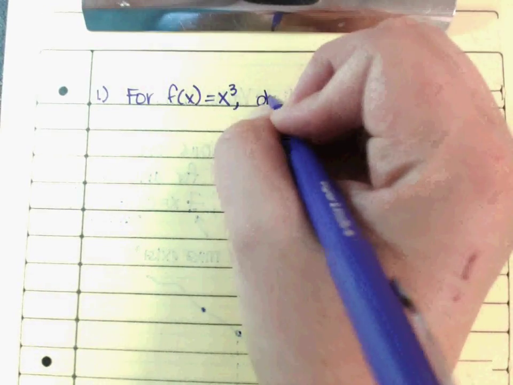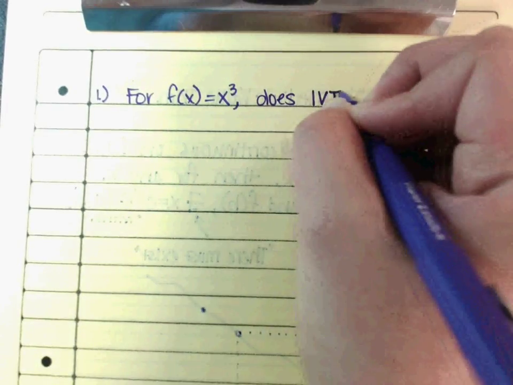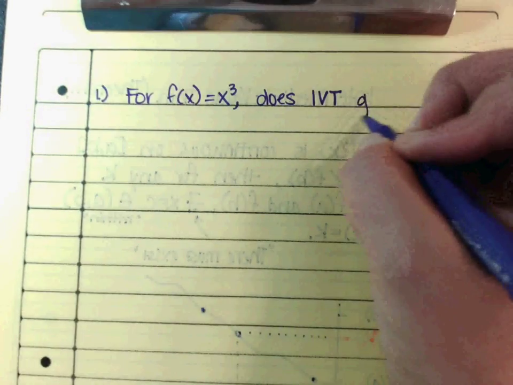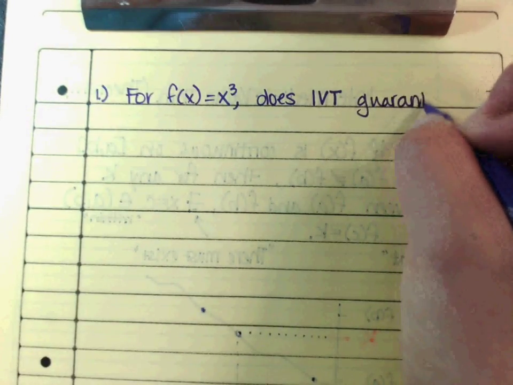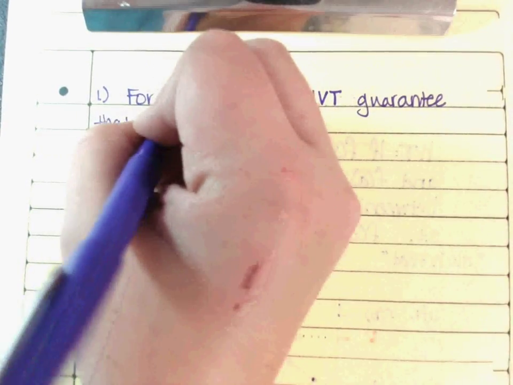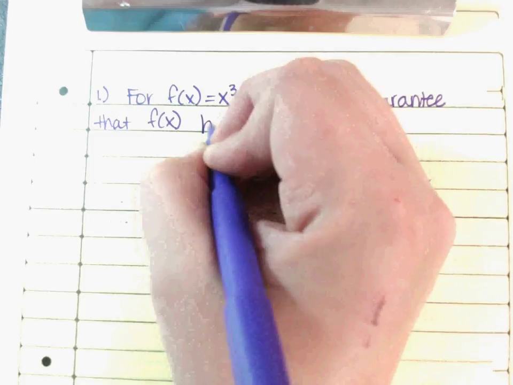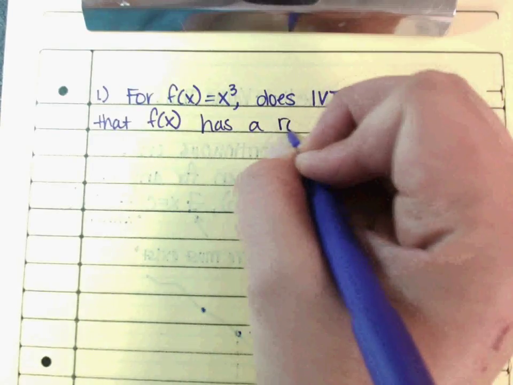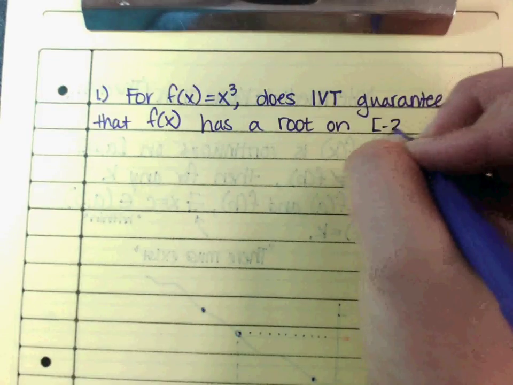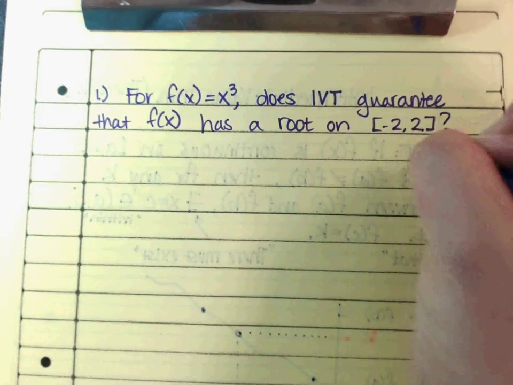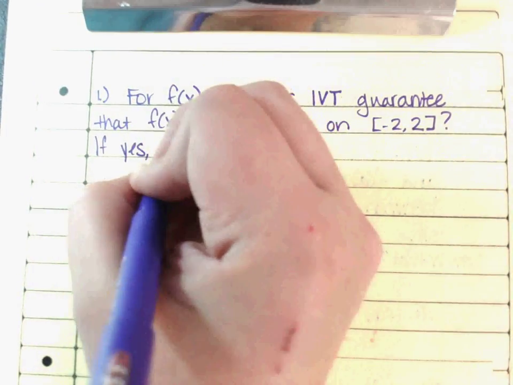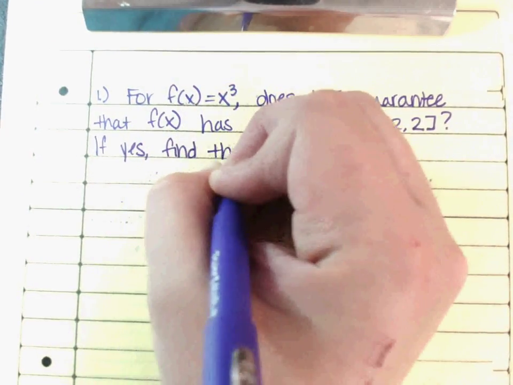Does intermediate value theorem guarantee, and I'm going to abbreviate that IVT, does IVT guarantee that f of x has a root on negative 2 to 2? If yes, find the c.